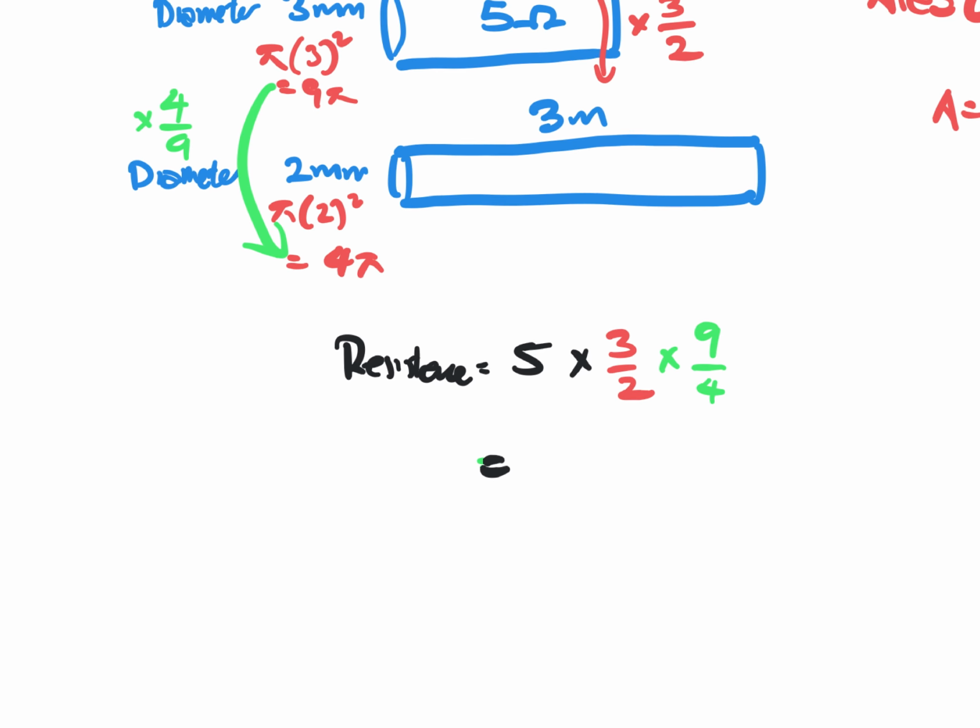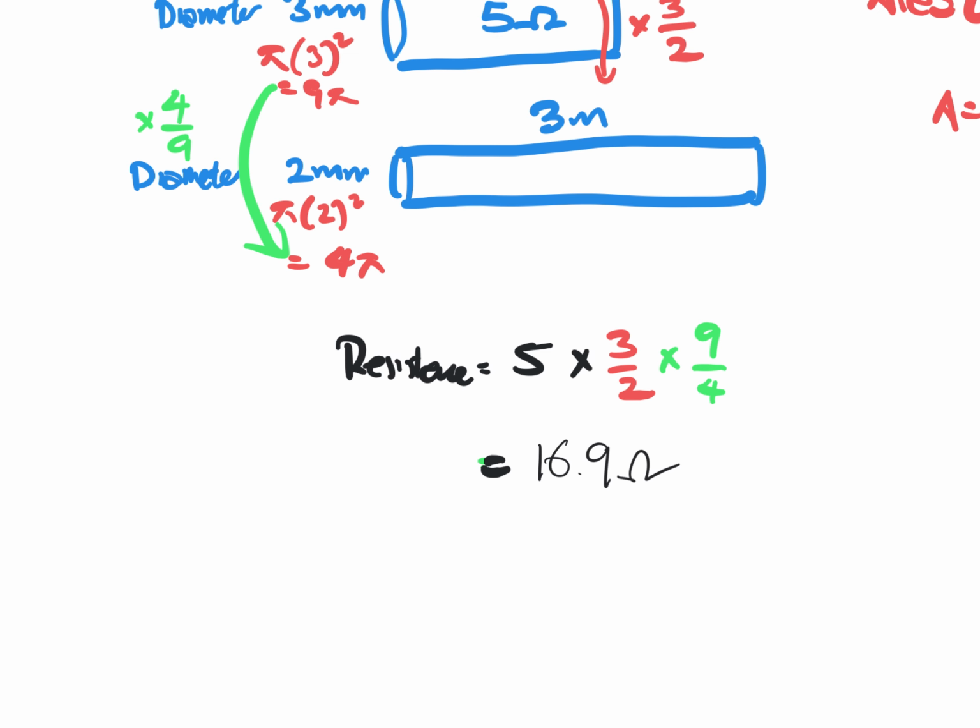That's why if my area got smaller here, my resistance is going to go up. Here it is 4 over 9, but for my resistance, it will be 9 over 4. And what do we get? If you work out the whole thing, it would be 16.875 ohms. So that's the logic of this whole thing.